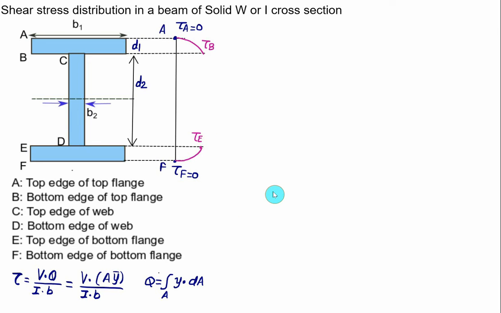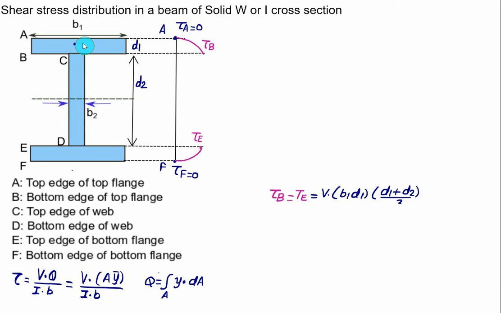So in this case, we have shear stress at B is same as the shear stress at E and is equal to the shear force V. This time we have area is B1 multiplied by D1. The distance of y bar from this point will be D by 2 plus D1 by 2. So the y bar will be equal to D1 plus D2 and whole thing is divided by 2.